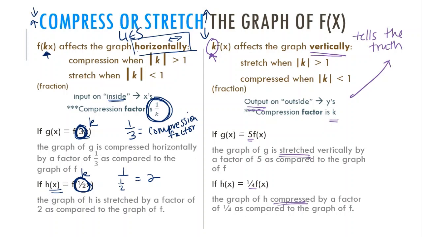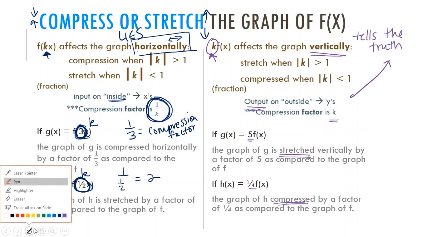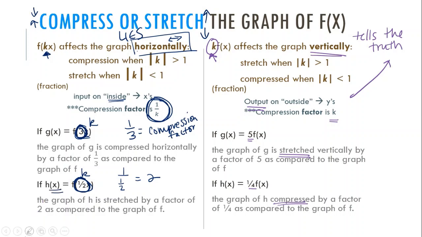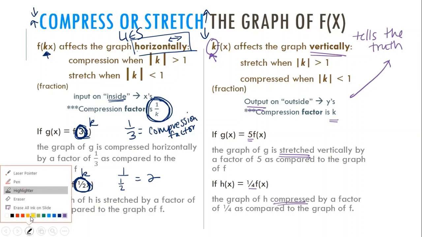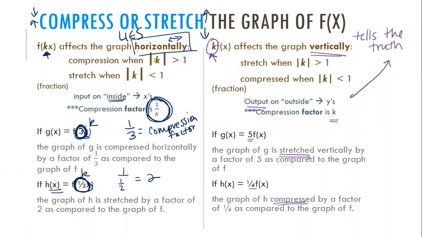Now notice the difference between our horizontal and vertical pieces here. Notice that when my k value is greater than 1, when I have a horizontal situation, I'm compressing. When I have a vertical, I'm stretching.